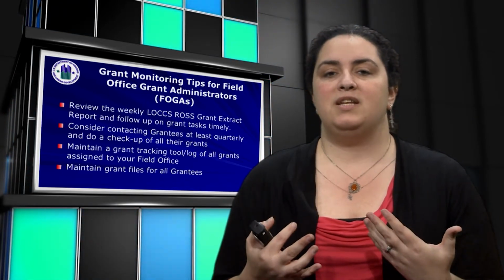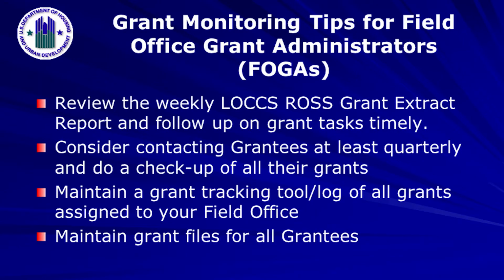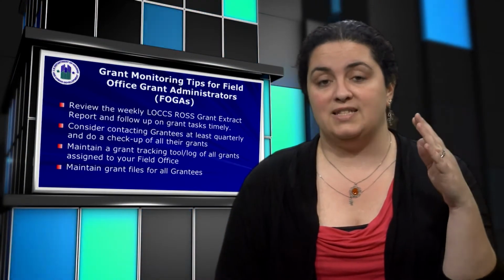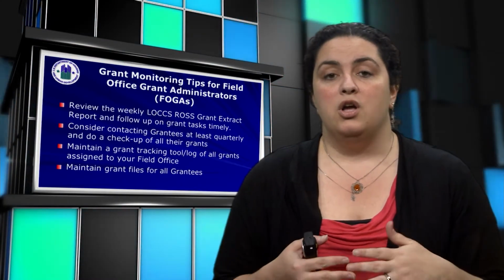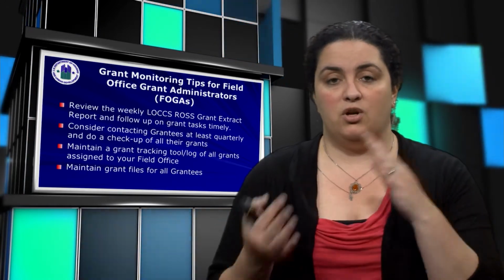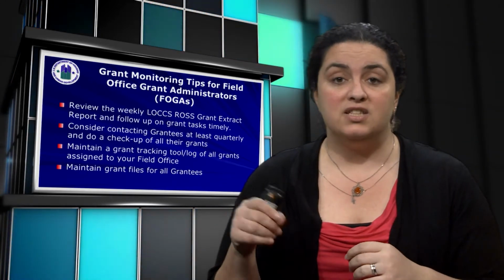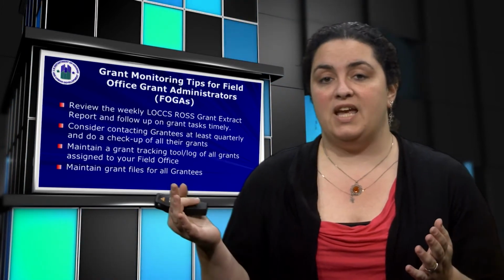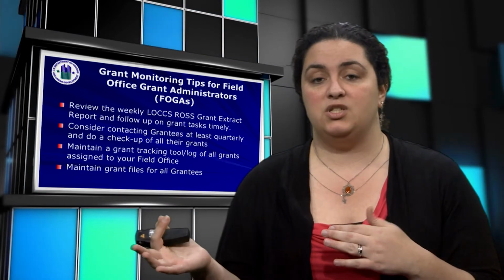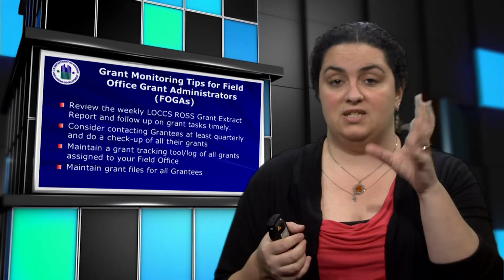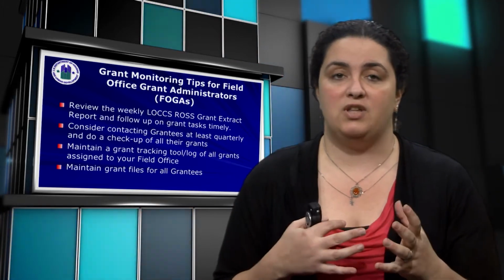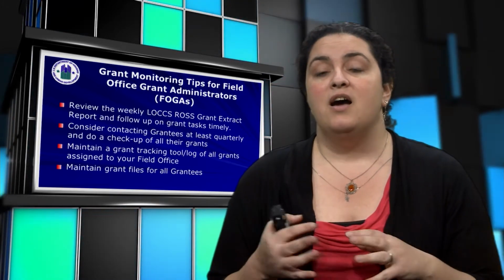We also recommend that you maintain a grant tracking tool of all of the grants assigned to your field office. Now, you can make this by printing out your LOCKS snapshot, or some grantees make up their own tracking tools and set up a tickler system in their Outlook so that 60 days before one of the grants comes due, they have a little reminder that pops up to say, hey, contact this grantee and make sure that they're going to expend on time, or do they need an extension, or whatever that might be.